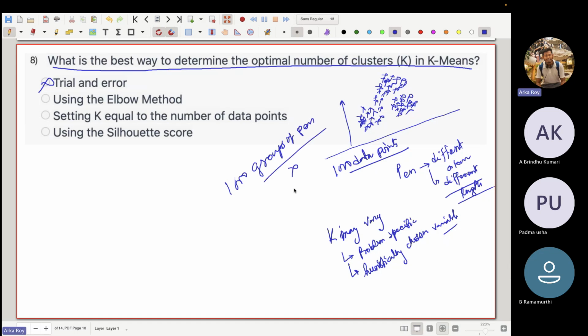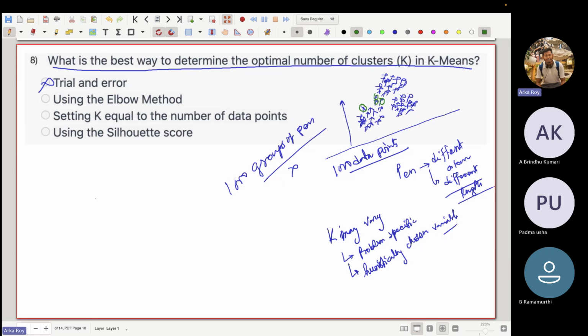This is incorrect because you have to group a certain number of data points together. You cannot say that using a single data point you will create a group. What you mean by this option is that this particular pen is a group, this particular pen is a group, so an individual pen is an individual group.